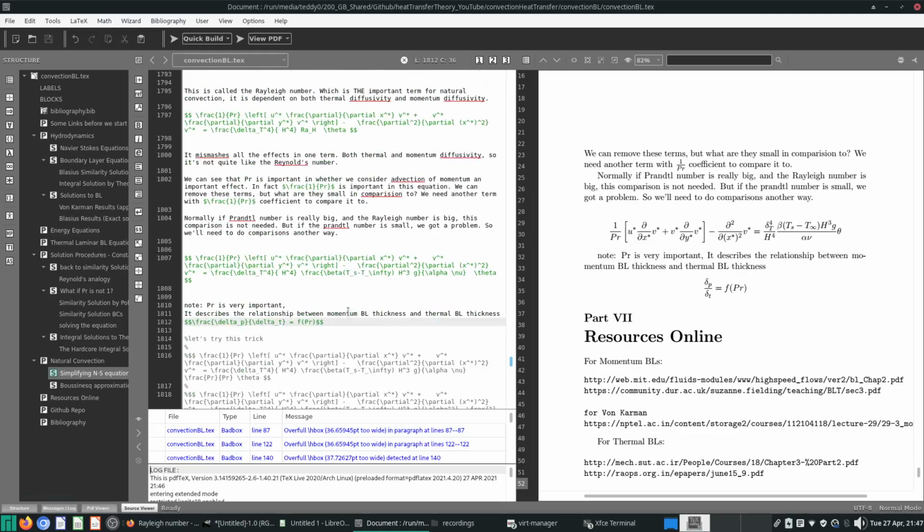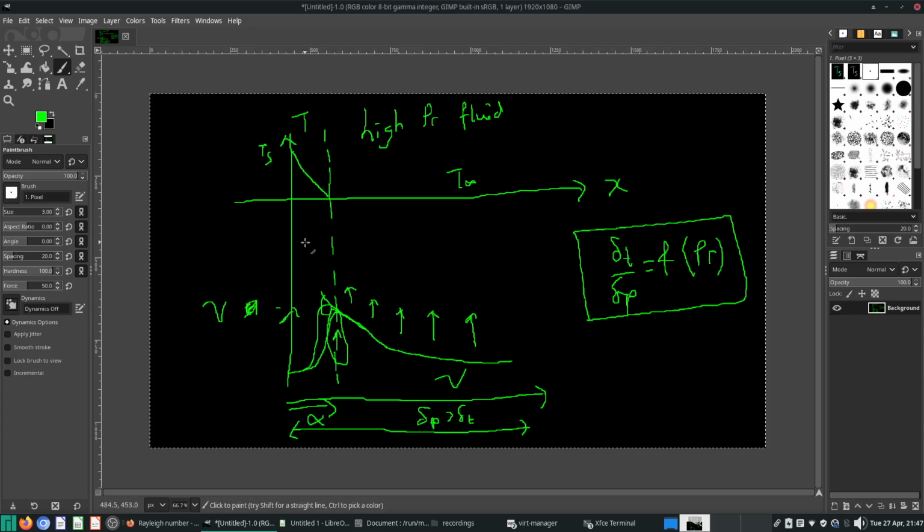So anyway, with a large Prandtl number, we can see that within a thermal boundary layer, these advection terms are minimal. Again, this is a thermal boundary layer. Over here the viscous terms dominate.